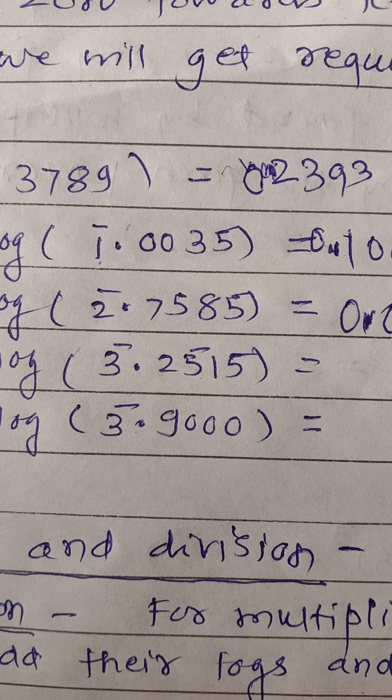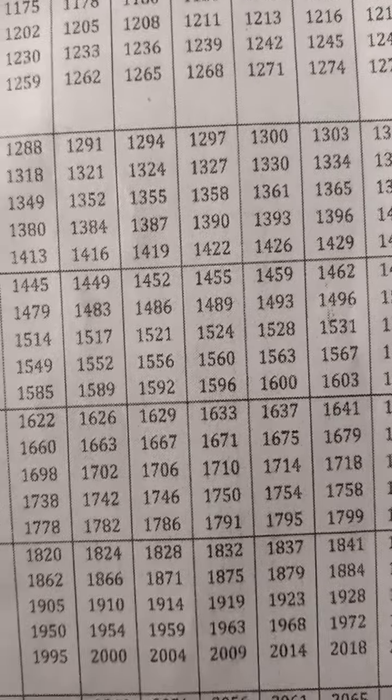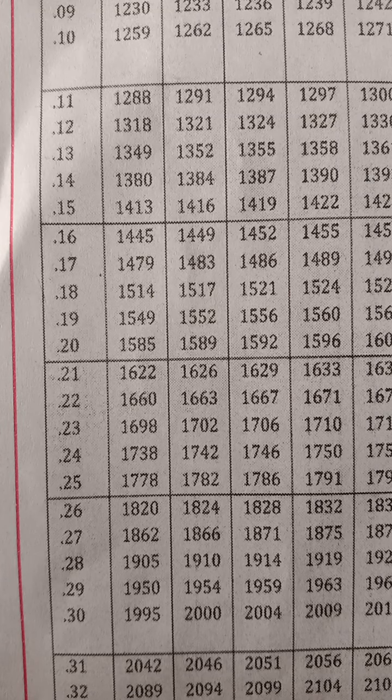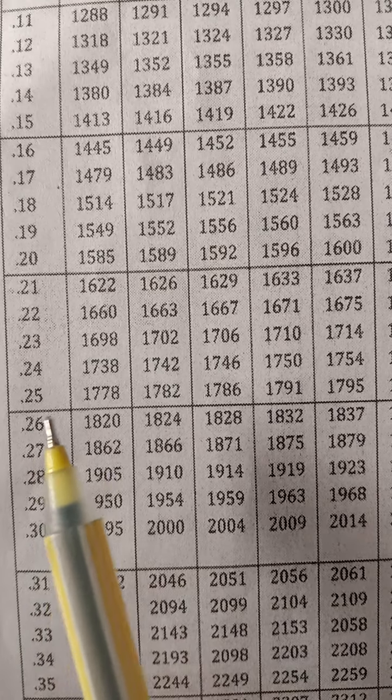So it is 2515, and therefore we will find 25 and then 15, so it is 0.25.